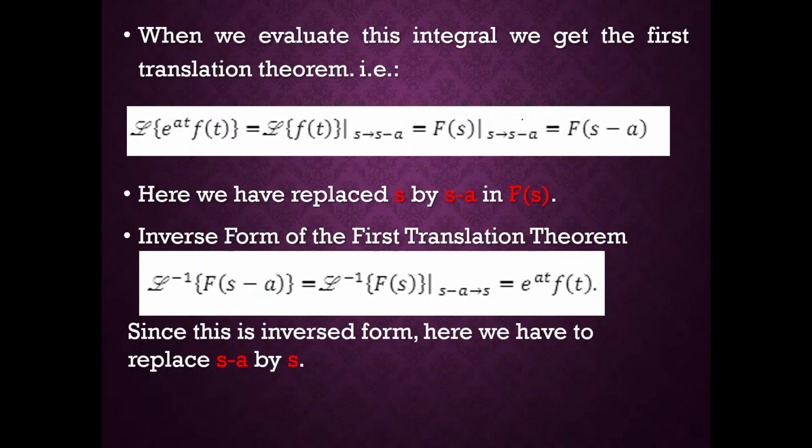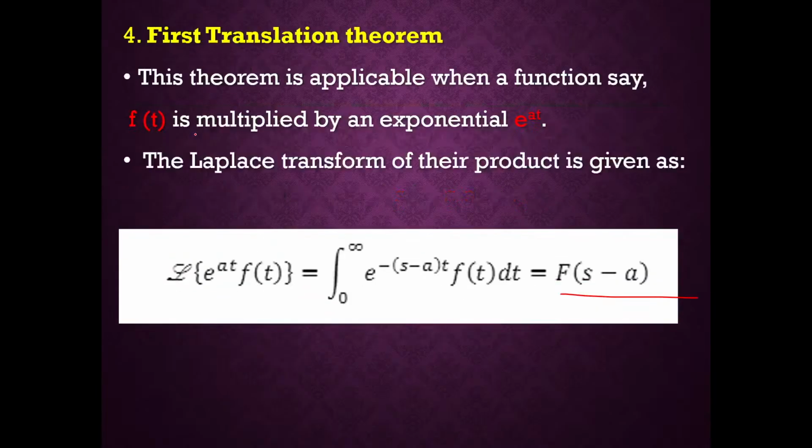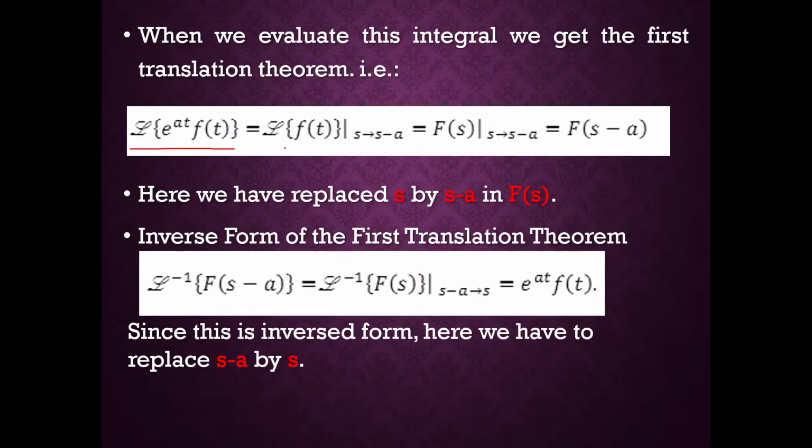What is our term here? Laplace of the product of what? e power at f of t. So that can be rewritten as Laplace of f of t at s tends to s minus a.